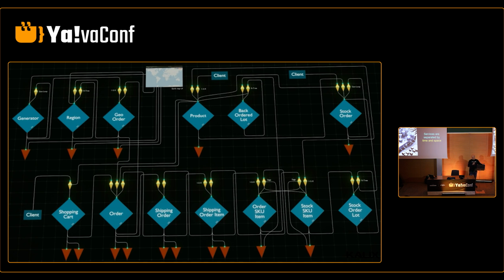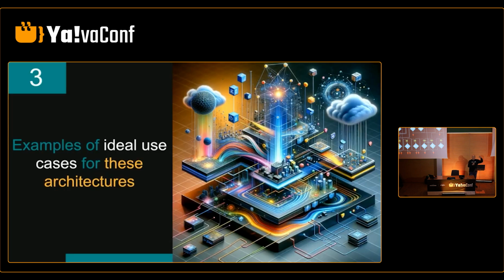So the result is this asynchronous messaging, this loose coupling, and so on. All these services run in different time and space, which is ideal for cloud-based distributed systems. Each of these services could be running on different machines, and you saw very briefly this cascading flow where one service emits events that are consumed by another service.